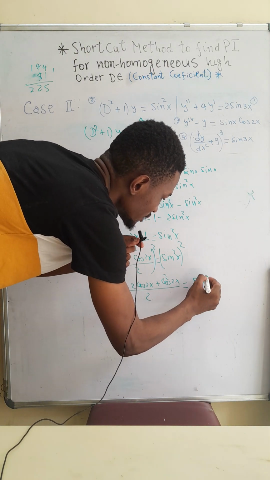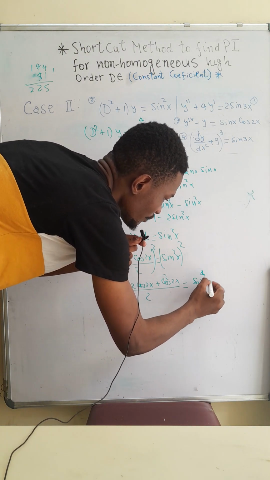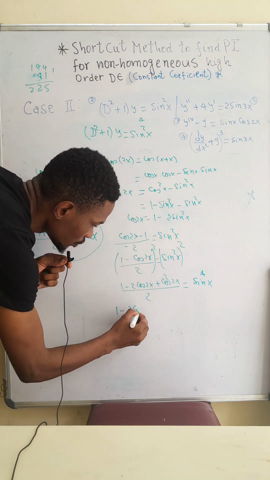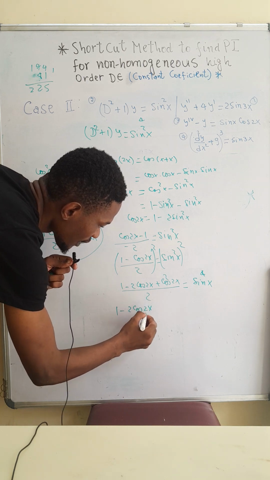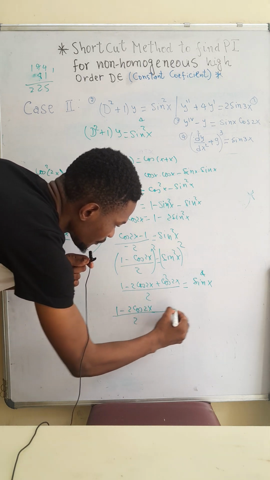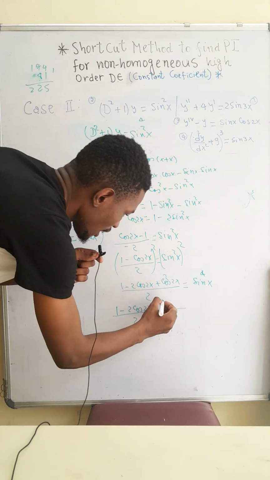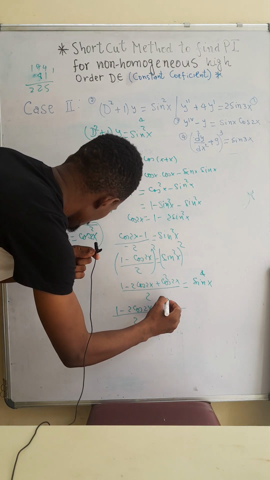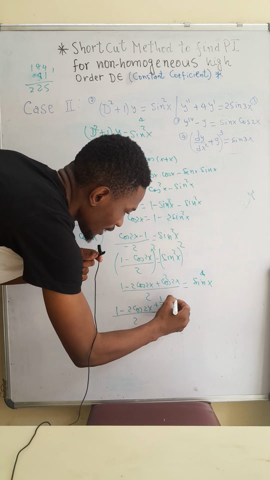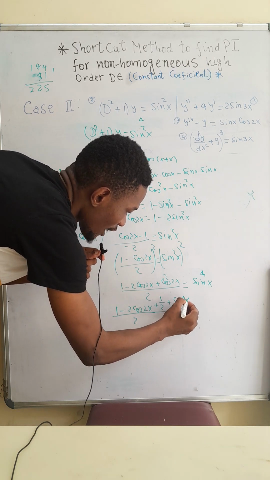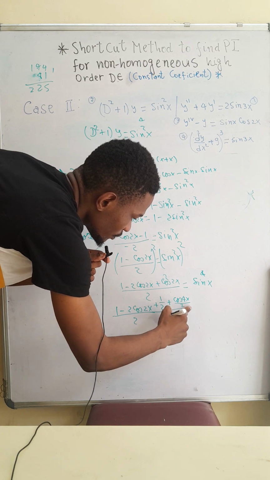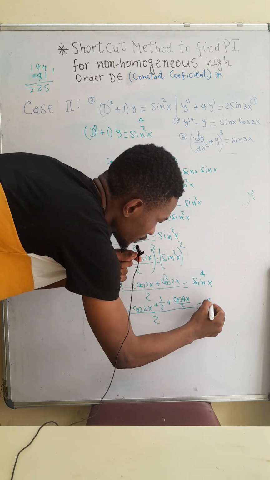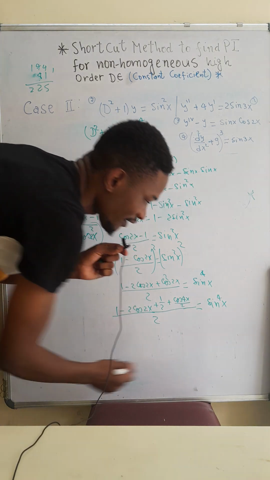So sine raised to 4 of x will be 1 minus 2 cos 2x all upon 2, and here I'll get plus 1 upon 2 plus cos of 4x by 2.